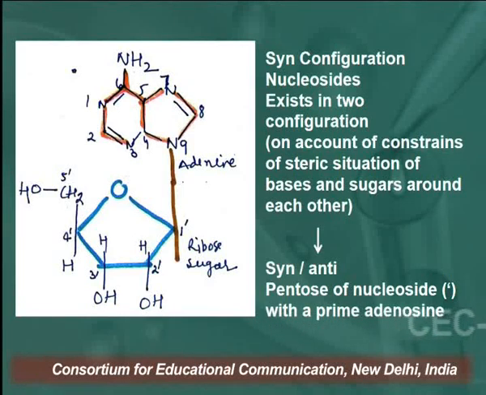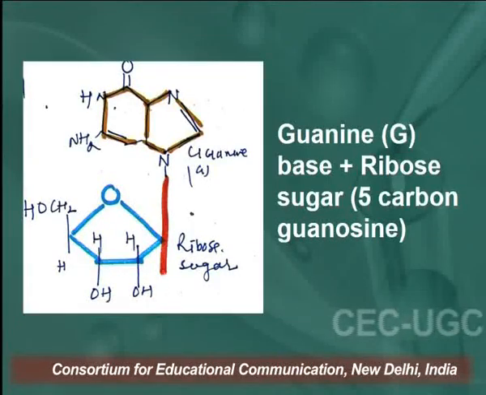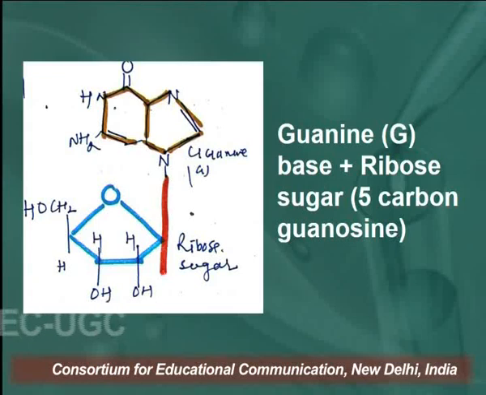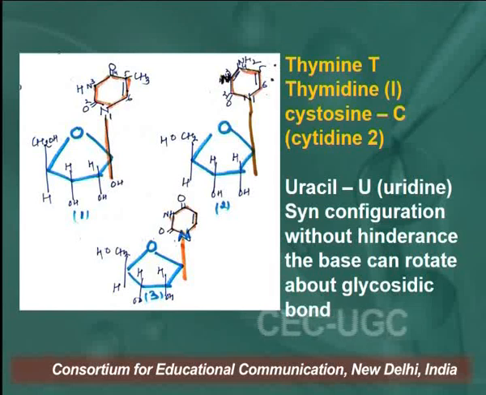So, there can be syn or anti pentose nucleosides, such as adenosine. This is the structure of guanosine, a guanine base plus ribose sugar. Here we can see the ribose or deoxyribose sugar having thymine or thymidine, cytosine or cytidine, uracil or uridine, in a syn configuration.